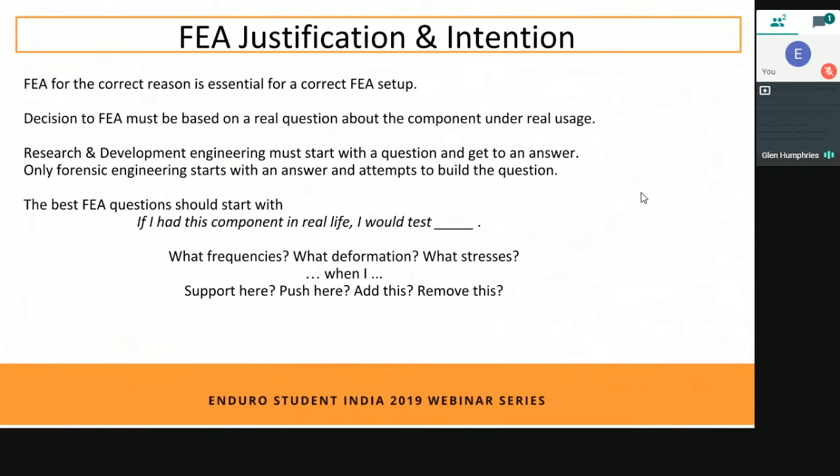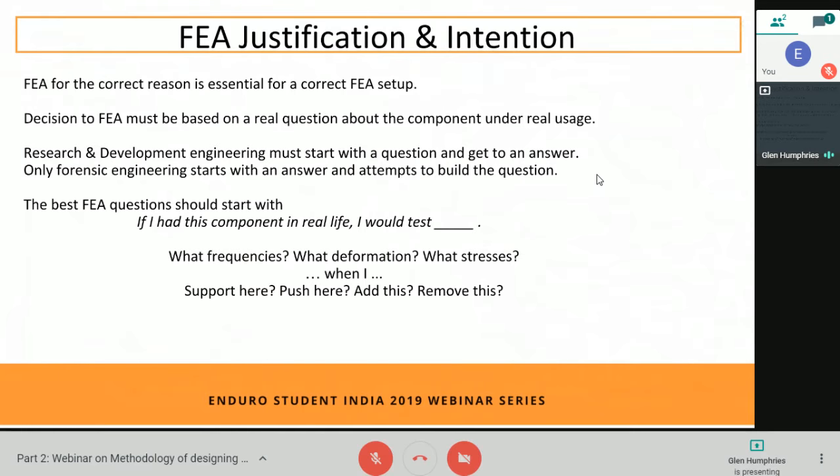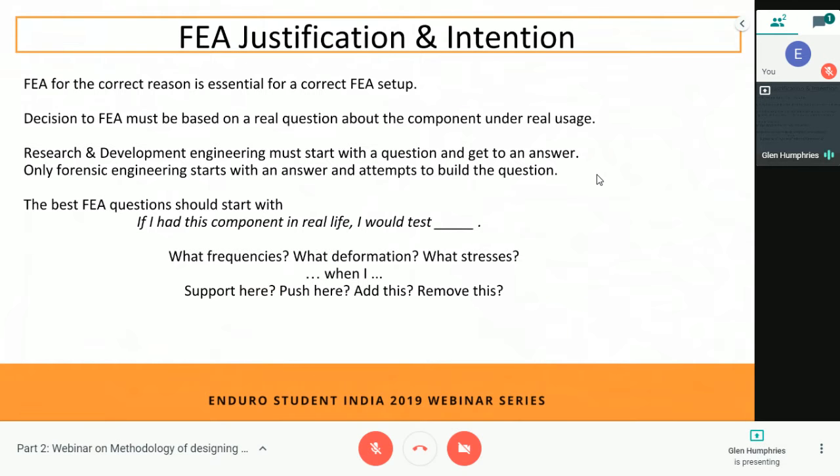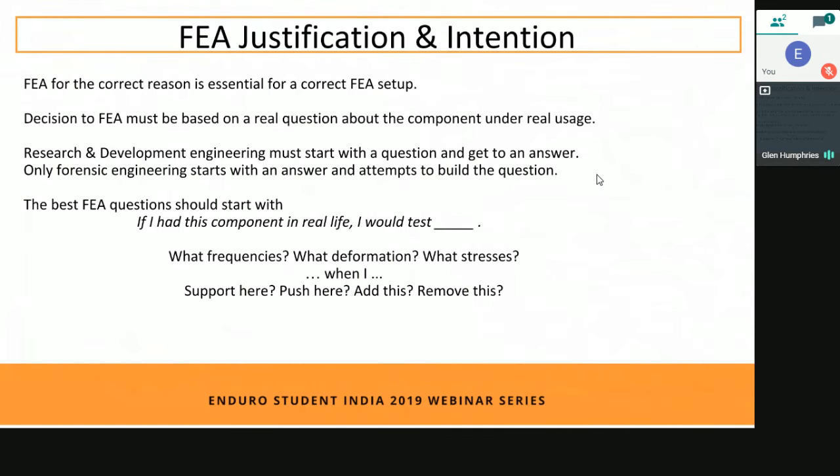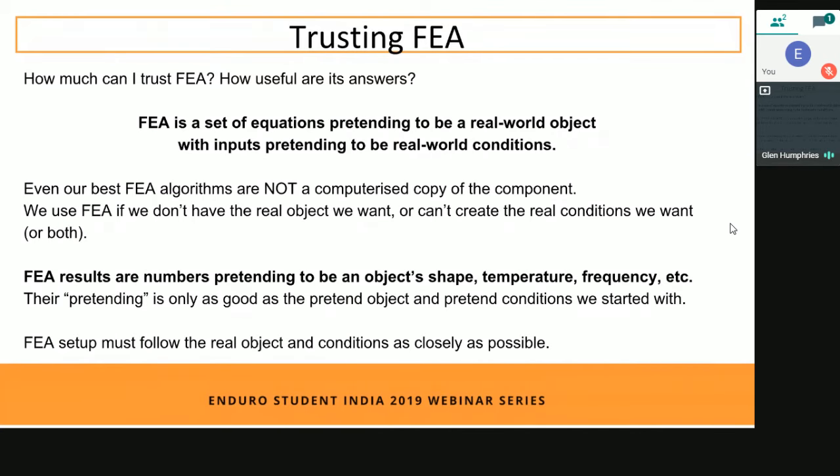And this happens when designers already have an outcome they want, a certain result, and they set up their FEA to try and get that result. And so because the setup didn't start in the real world from a real world usage case and then translate into FEA, the FEA results are not going to translate back. So FEA algorithms, they're not a perfect computer version of the component you're trying to analyze.